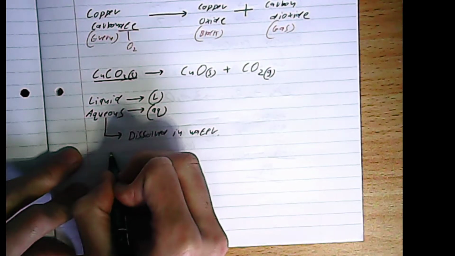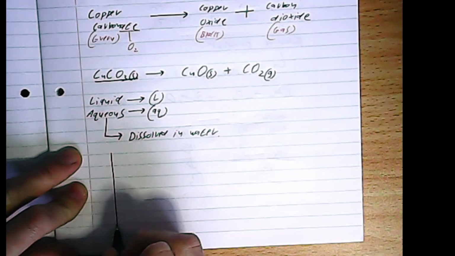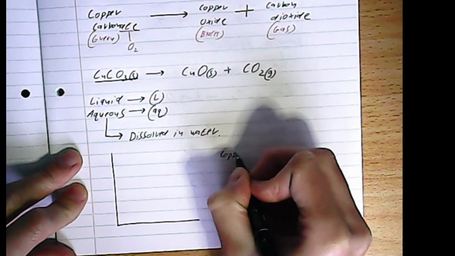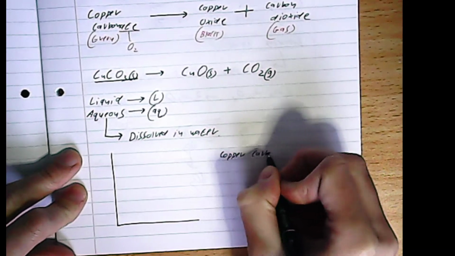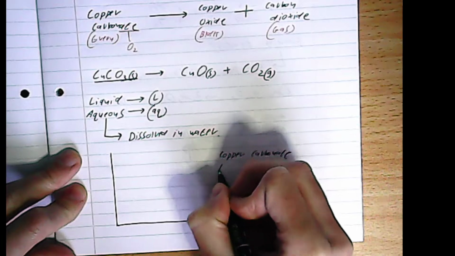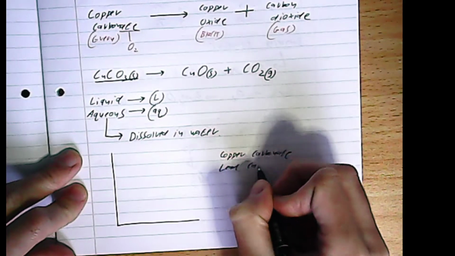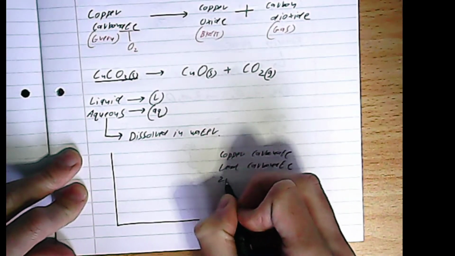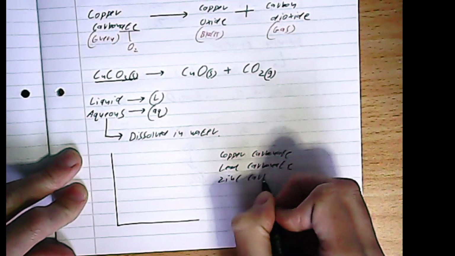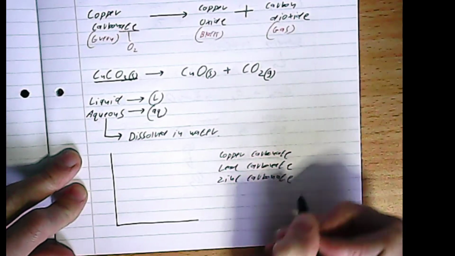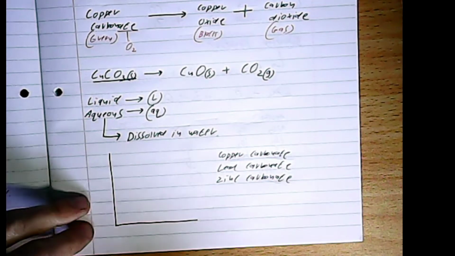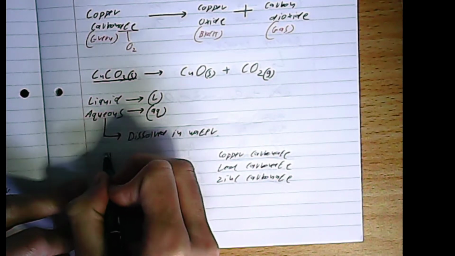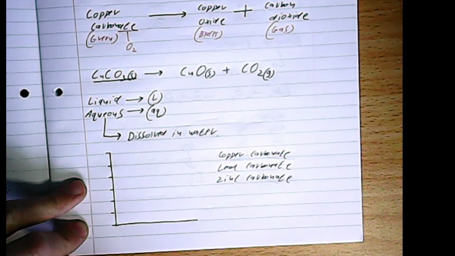If you were to compare, say, 3 different compounds, copper carbonate, lead carbonate, and zinc carbonate, and used that to compare how much carbon dioxide was produced by each of the compounds.